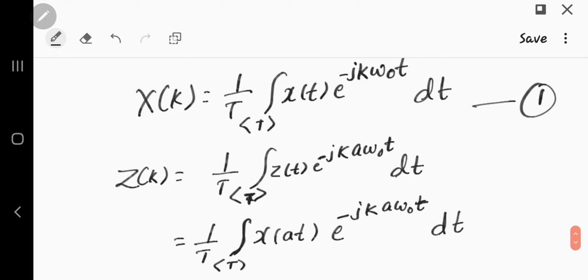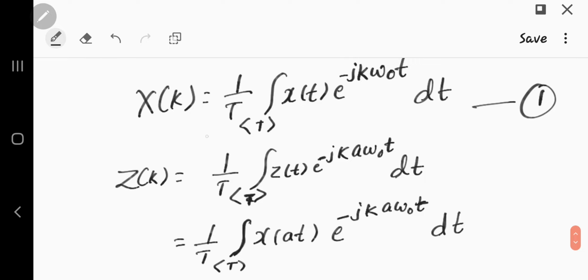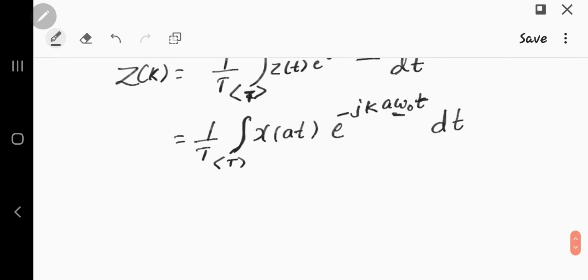So this is the frequency for x of t. The fundamental frequency is omega naught, so that's why we have omega naught here. For z of k, because the fundamental frequency is a omega naught, we have represented it like this.